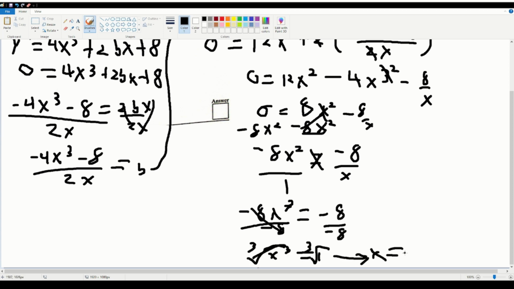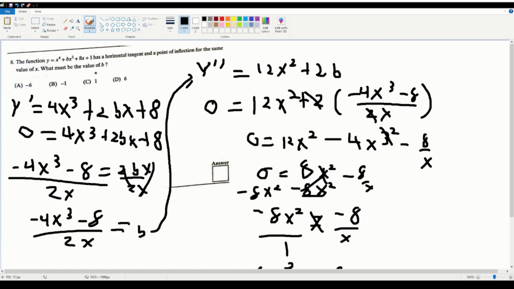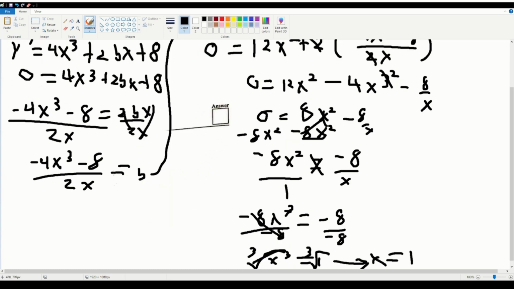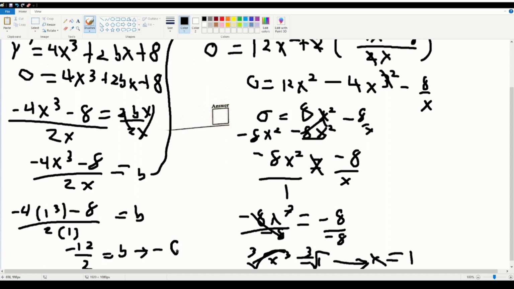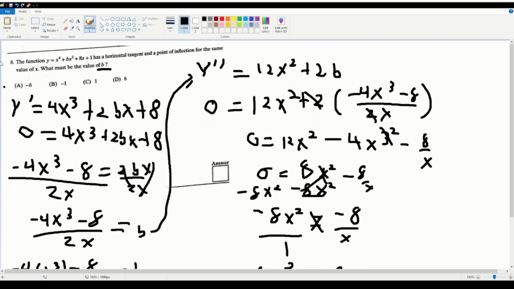That gives x equal to 1. Now it's asking for the value of b, not x, so we're just going to plug x into the b equation we found here. That's equal to negative 6, which is b, and A is your answer.